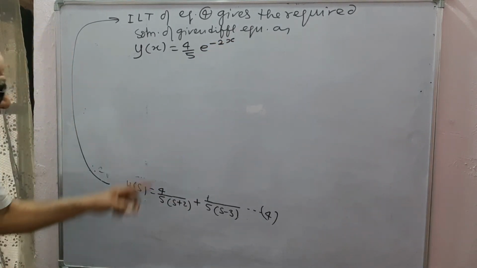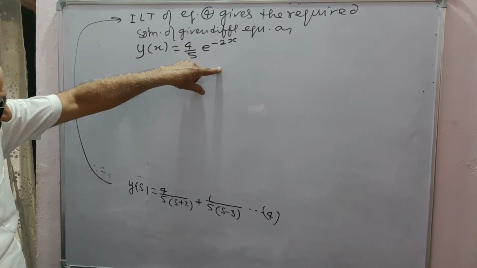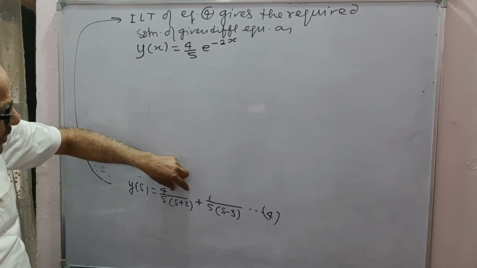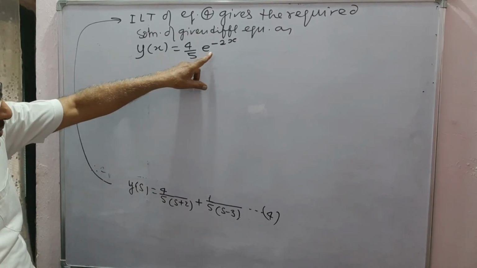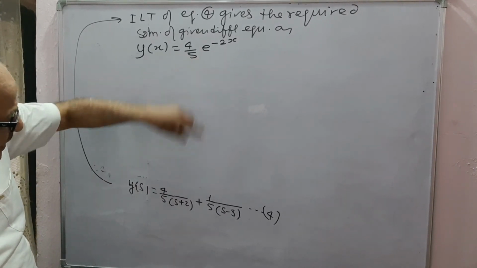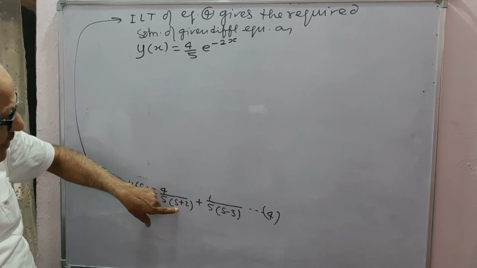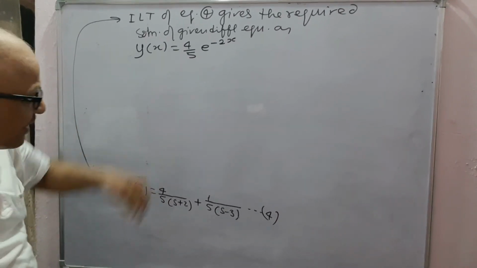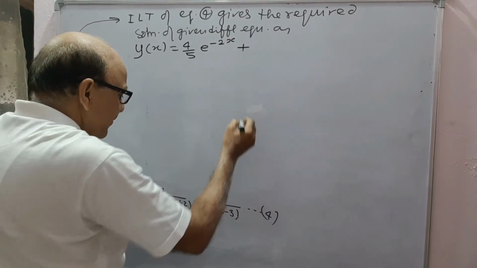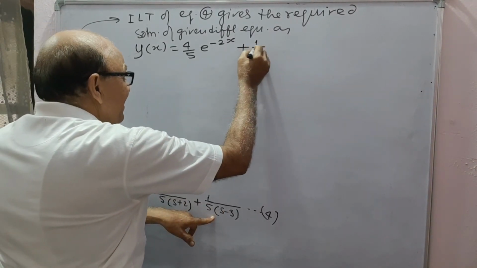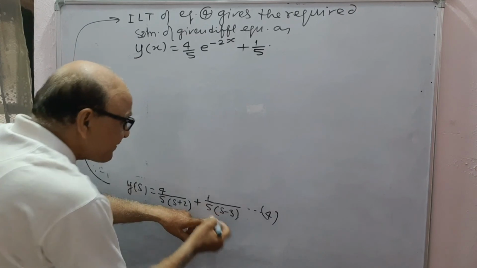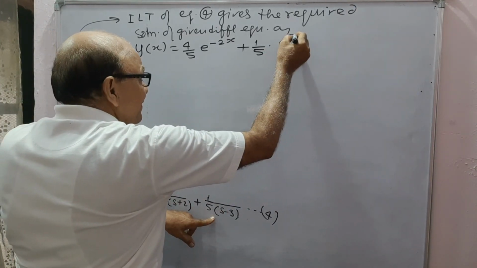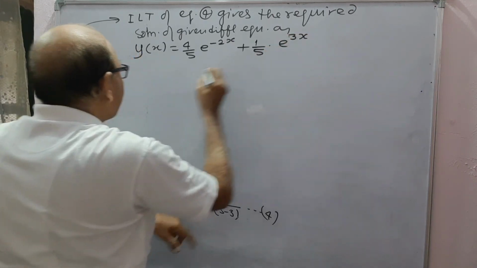As you know, e to the minus ax gives Laplace transform 1 upon s plus a. So its Laplace transform will be 1 upon s plus 2, and its inverse will be this one. Again, plus 1 upon 5 is the constant coefficient, and its inverse will be e to the power 3x.